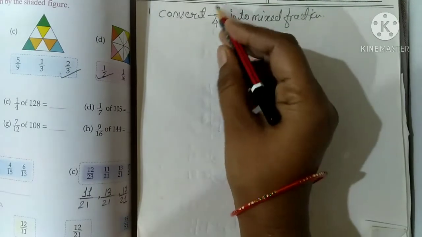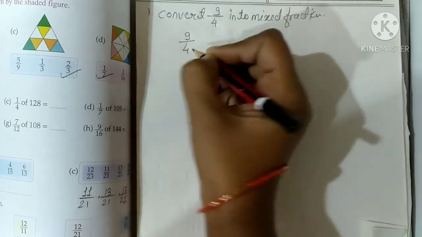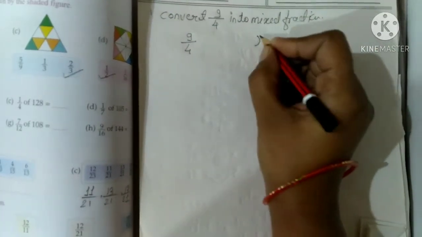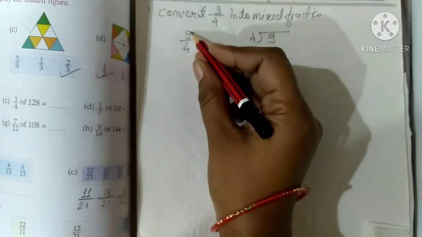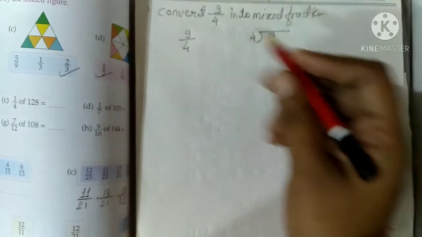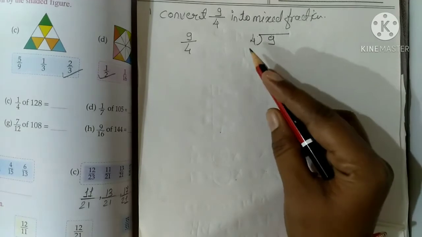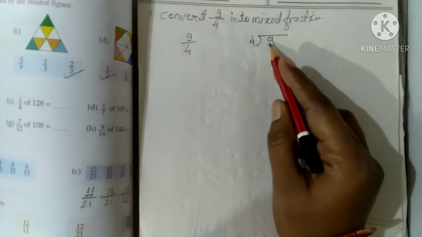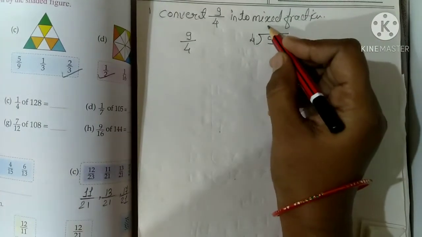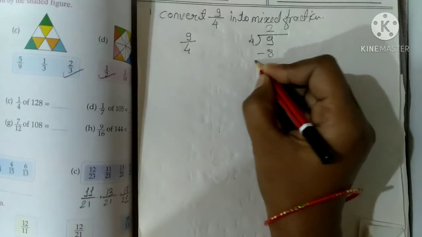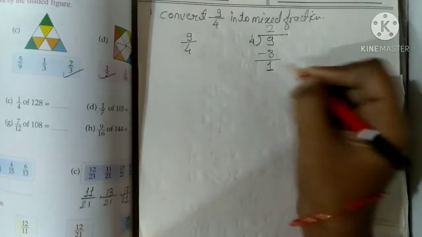First write the fraction as it is, then divide the numerator by the denominator, and find out the quotient and remainder. Dividing 9 by 4, 4 times 2 is 8, we subtract, and we get 1 as the remainder.